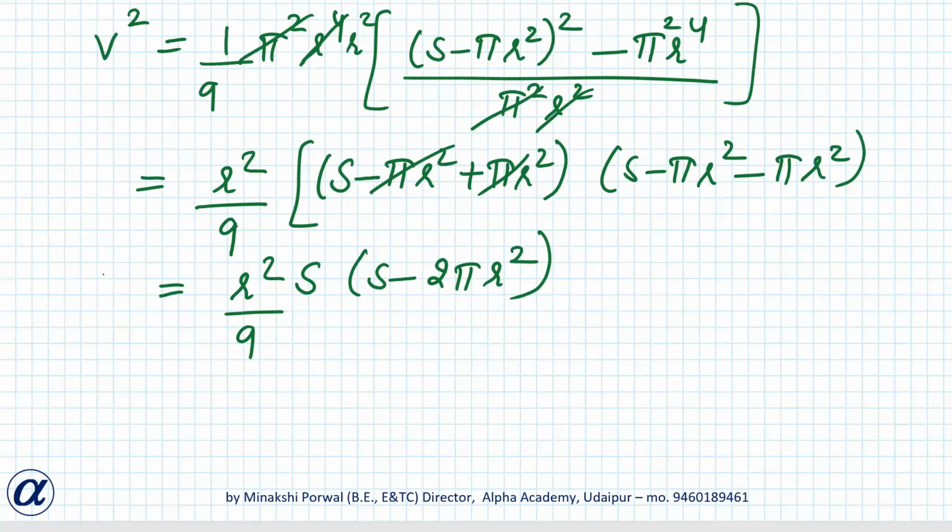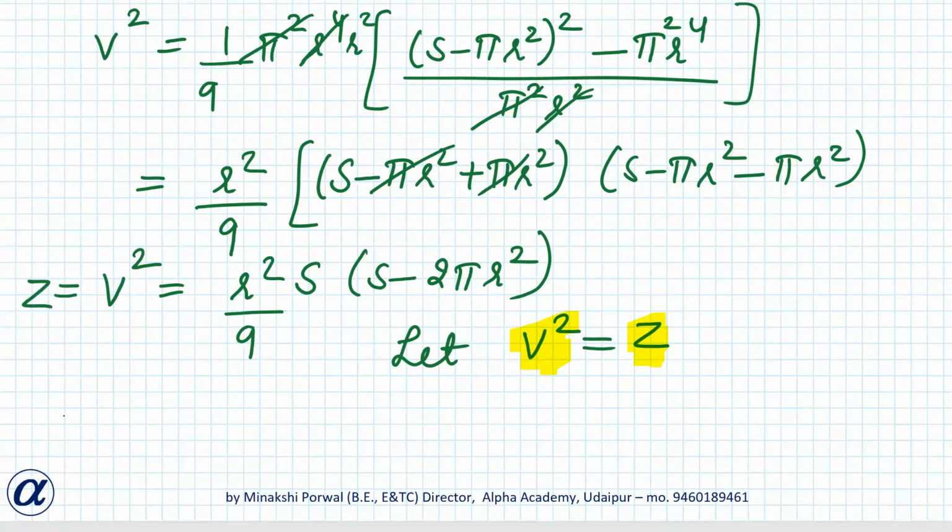Okay, this is v square. Let v square equal z. So we have to maximize z, because if z is maximum, then v square will be maximum.